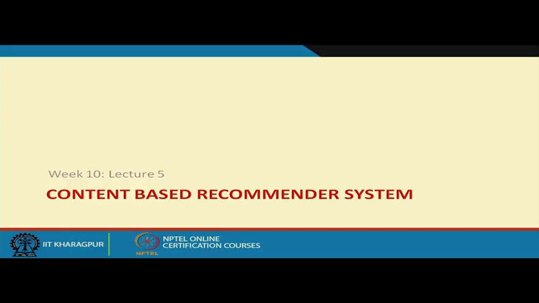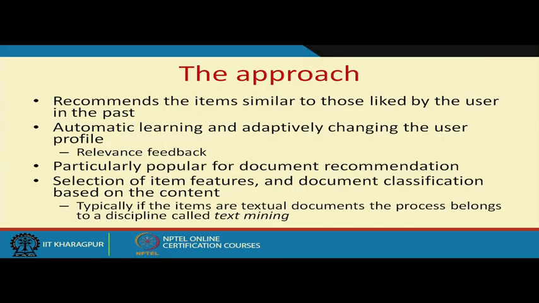So, specifically in today's class we are going to look at the content based recommender system. In this approach, items which are similar to each other, and some of which are already seen by the user, are recommended.